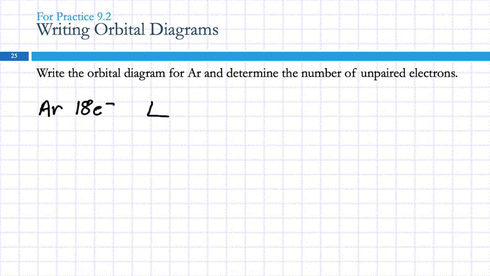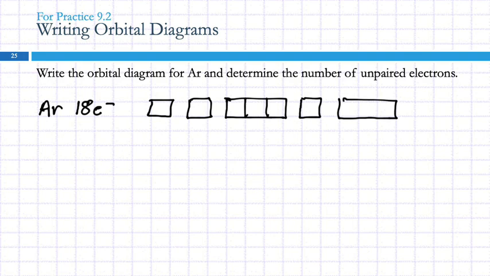So I'm just going to prepare some beds in the hotel for these guys. So this would be the 1s room. This would be the 2s room and the 2p room. We've got 2 rooms on that floor. This would be 3s and 3p. And then things get a little wonky. We're not going there yet.